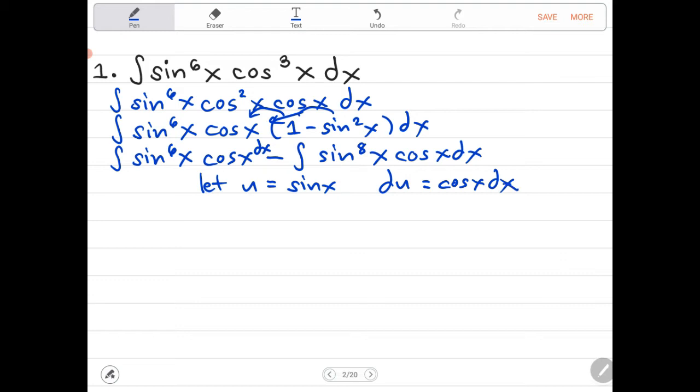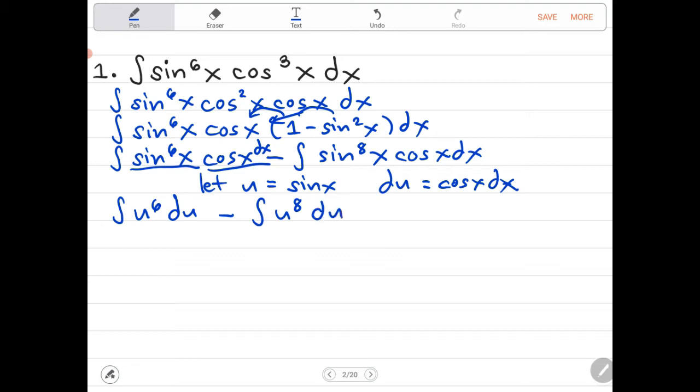Okay? If we do substitution, we will be having the integral of u raised to 6, this one, then this is our du. Okay, so minus the integral of u raised to 8 du.